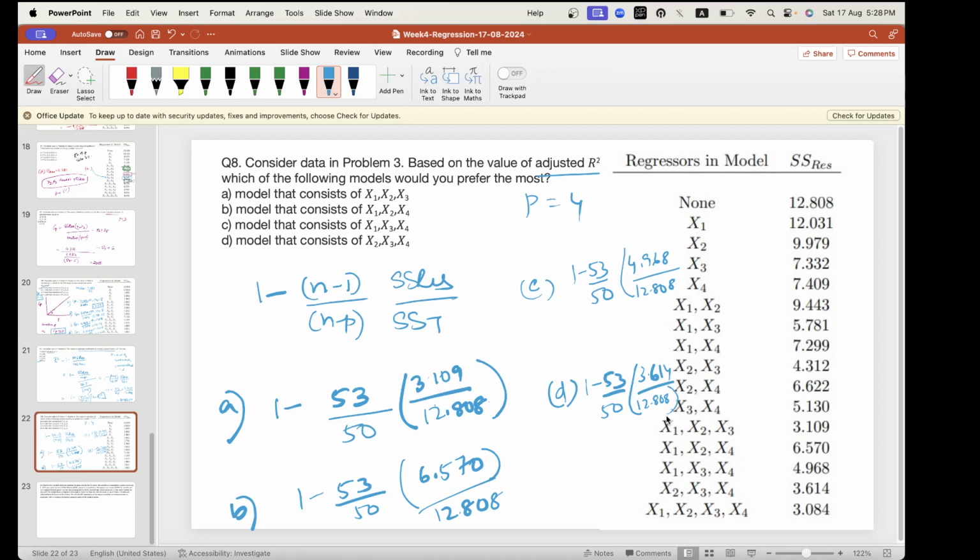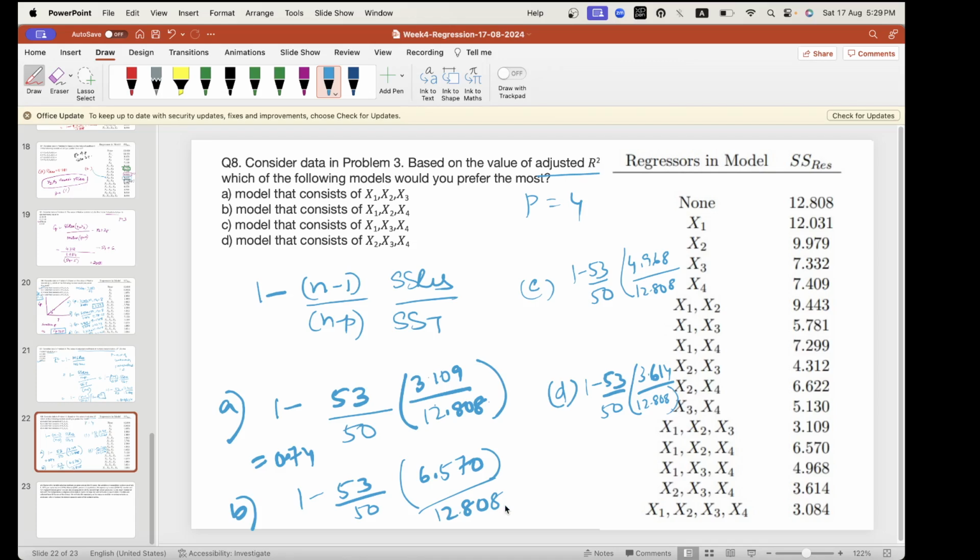First one is 0.74. Okay. Second one is 53 into 6.570.